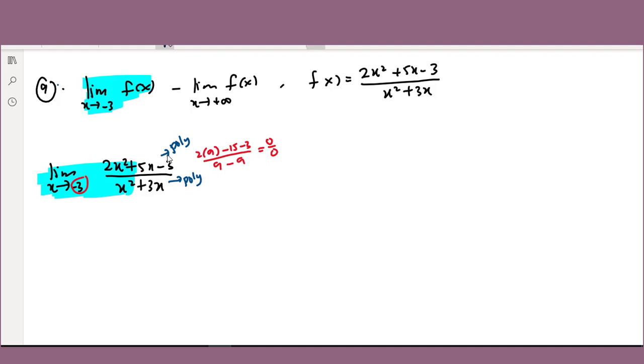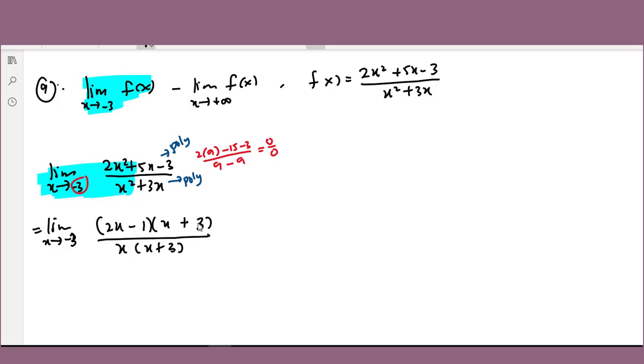When it is indeterminate form and this is polynomial over polynomial, when x approaches a value, negative 3, we have to factorize. We need to write the limit, and then factorize and take x plus 3. Here is 2x, x, 3, 1, and so plus and minus.